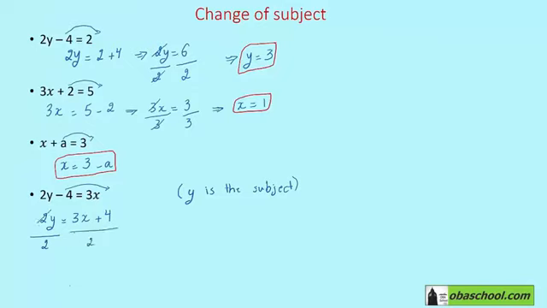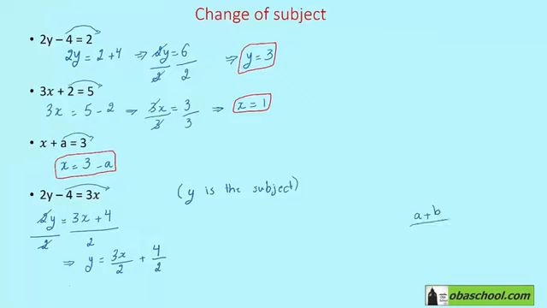So 2y over 2 is equal to 3x plus 4 over 2. And now y is equal to, keep in mind that you can divide this fraction into its two parts, as if you're saying 3x over 2 plus 4 over 2. It's the same, but it makes things a bit simpler.